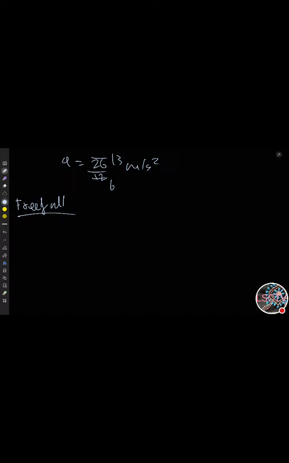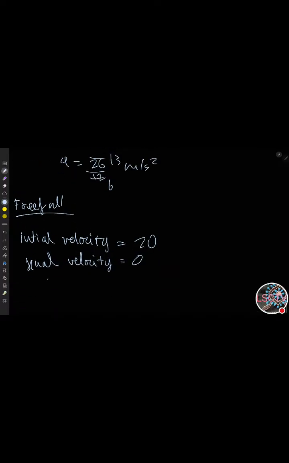Let's say initial velocity is 20. Final velocity 0, no? It goes up, it will stop. Time taken, acceleration. Here, how do you know what it is? That is what people have found, small g. What is small g?